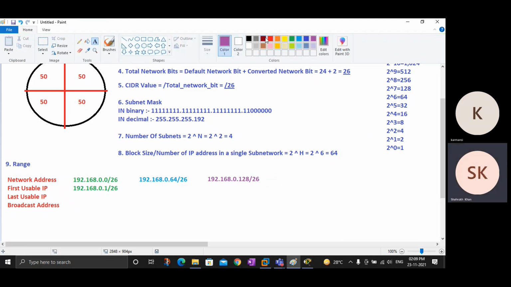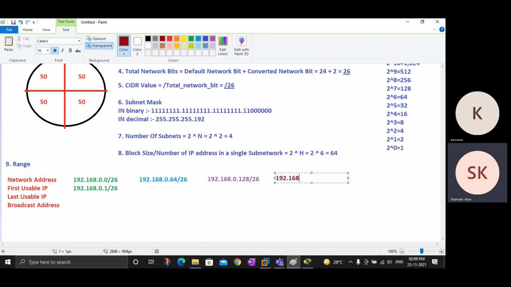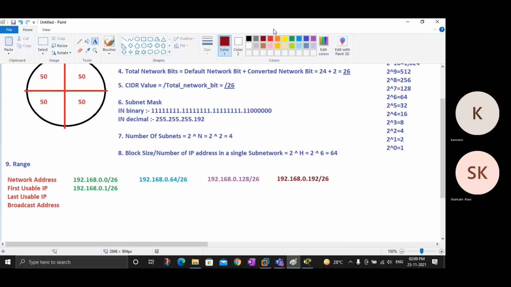And the last one, 192.168.0, add 64 in 128. It's 192. So now we got the network blocks of all the 4 subnetworks that are possible here, and the remaining things you can easily calculate.